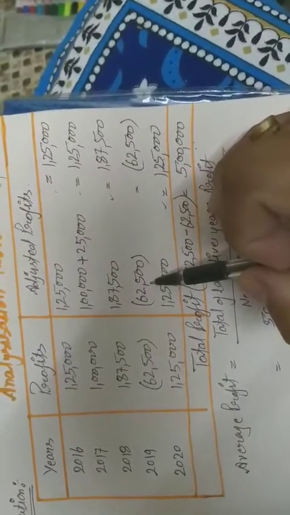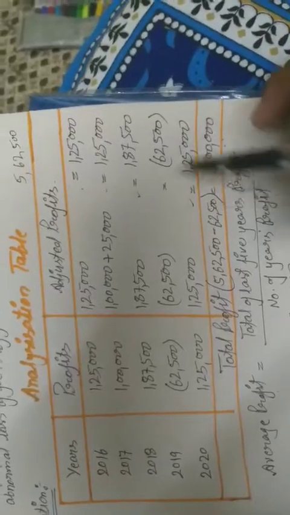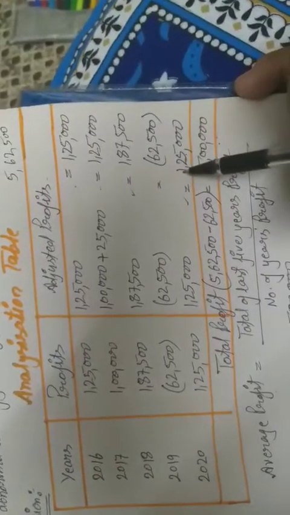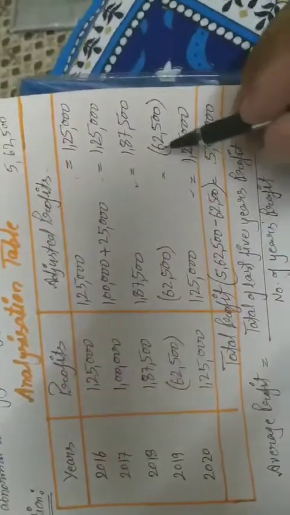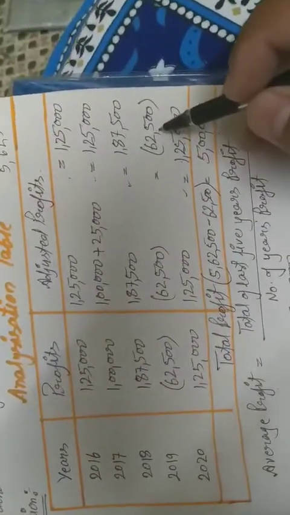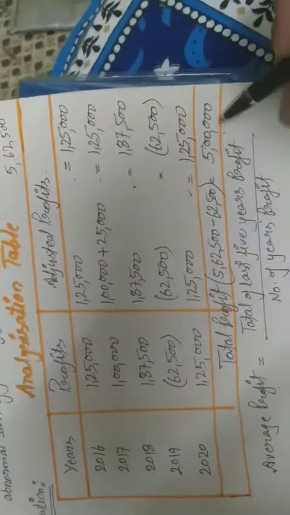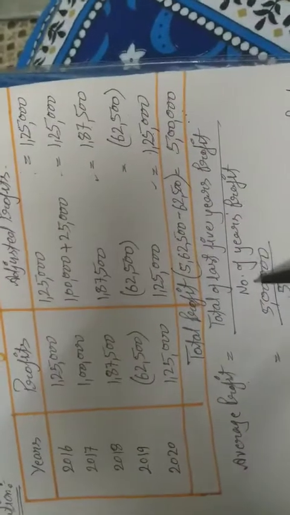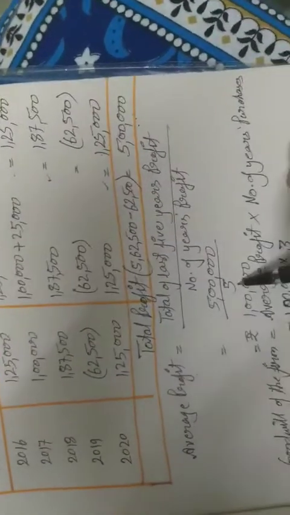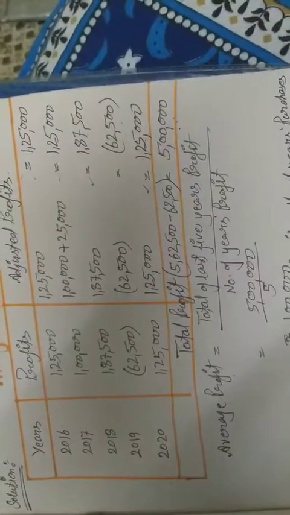If there is a loss, I subtract it after totaling the profits of all the other 4 years. After adding all 4 years' profit, I subtract the loss given in the particular year, and then I get the total profit. Then I divide by the number of years. I have taken 5 years because 5 years of profit or loss are given.